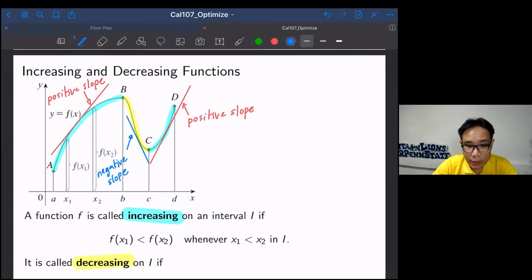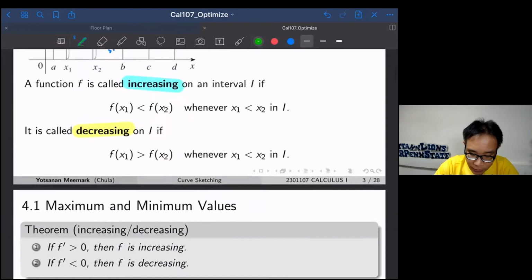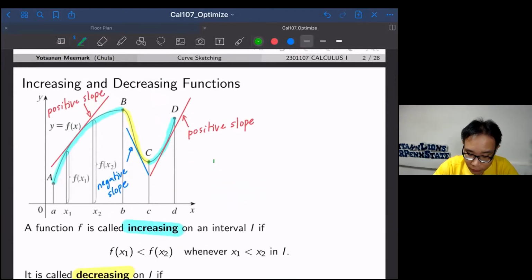So you see that we are able to determine increasing and decreasing from the slope. So you have increasing if and only if the tangent line has positive slope.